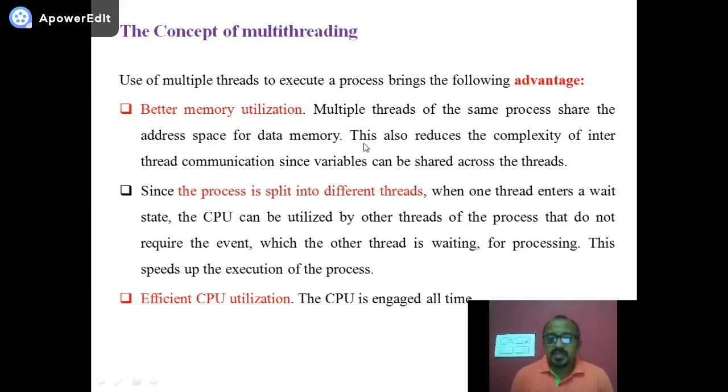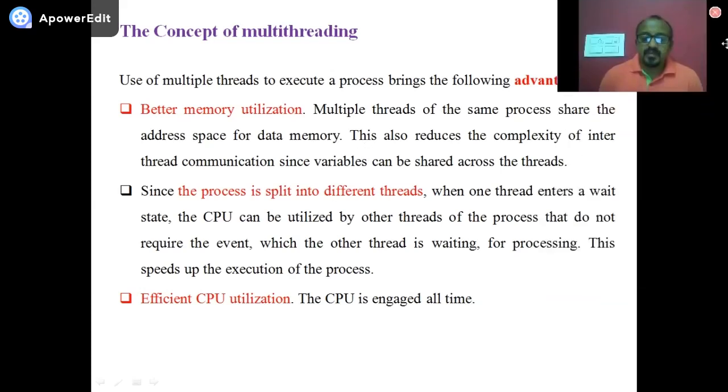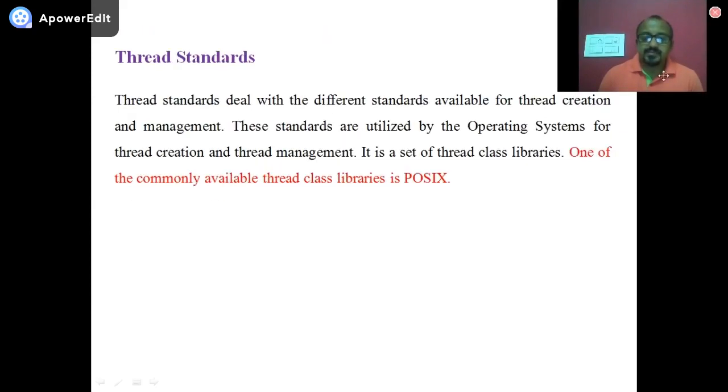Since the process is split into different threads, when one thread enters the wait state, the CPU can be utilized by another thread of the process. It does not require the event. Efficient CPU utilization. The CPU is engaged all the time.